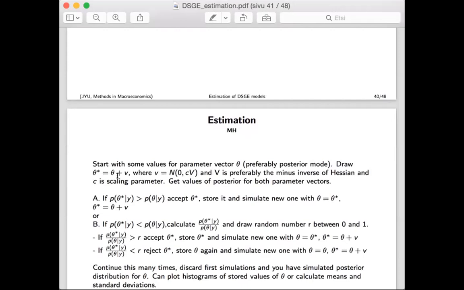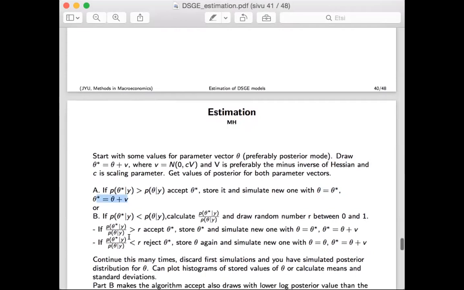And then we compare these, and if for this theta star the posterior is higher, we accept and store it, and this is our new theta, and then we simulate the next theta star. If the posterior probability is smaller, then we either accept or reject it.